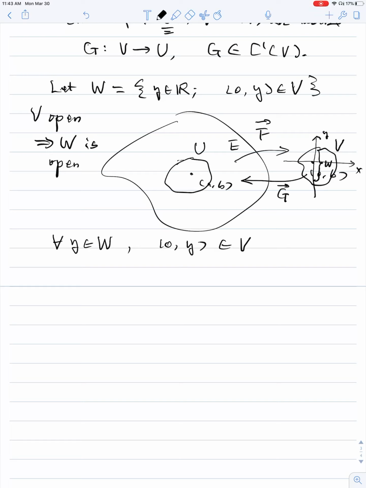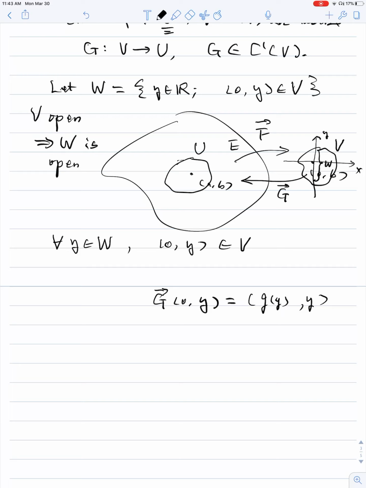You would have a function G, where (0, y) would map back to the point where you still have y here. We will call this point g(y).